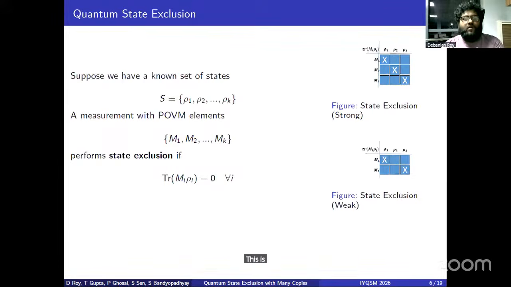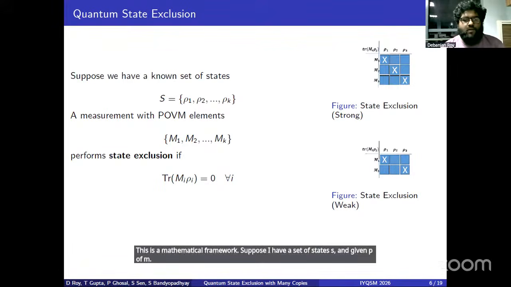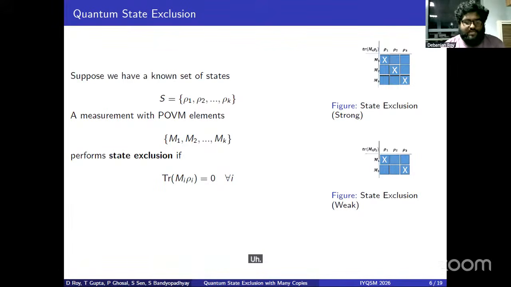This is the mathematical framework. Suppose I have a set of states S, and given a POVM, the probability of obtaining outcome i given the state rho i is given by the Born rule.